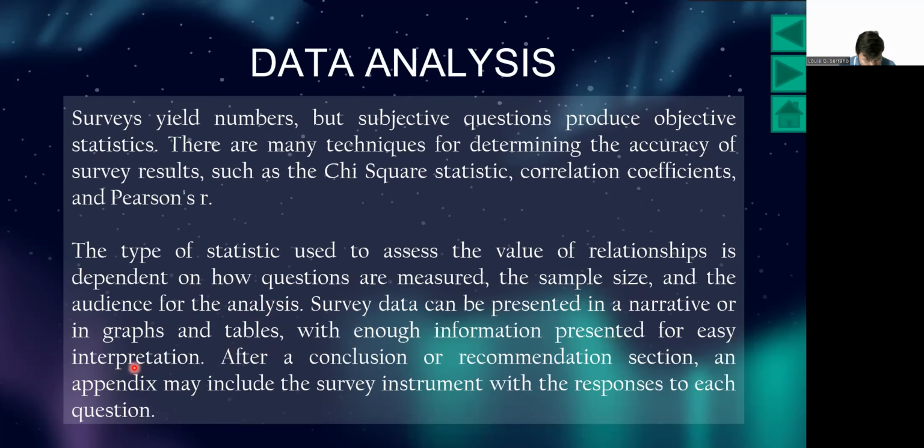So when all of the data are collected, it can be presented in a written graph or table where the data should be complete for easy interpretation. After a conclusion or recommendation section, an appendix may include the survey instrument with the responses to its questions.